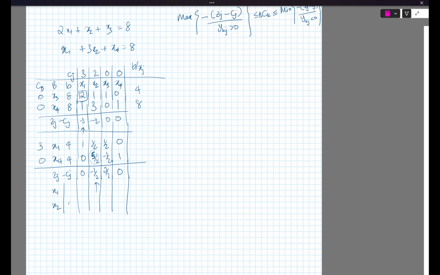I'll divide this by 5 by 2. 4 divided by 5 by 2, I get 8 by 5.